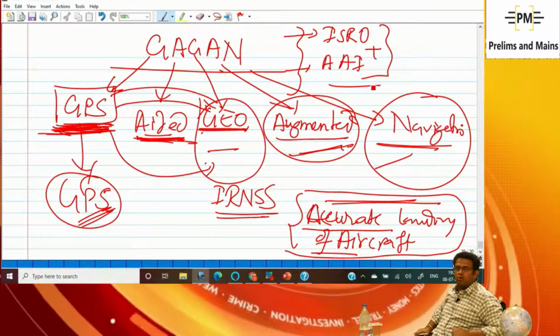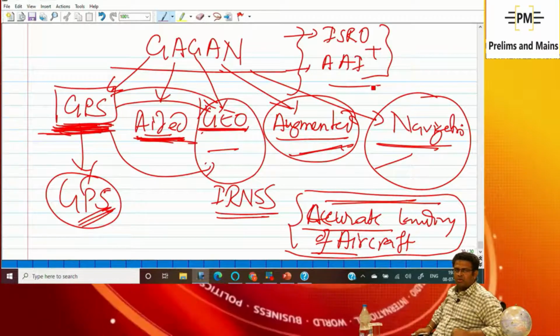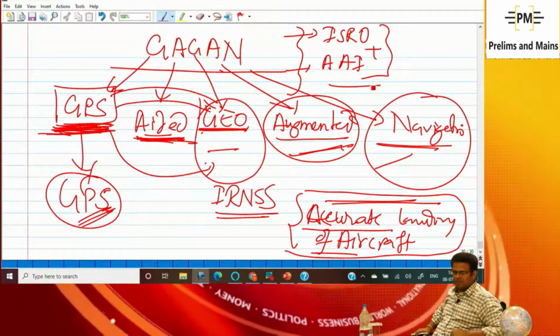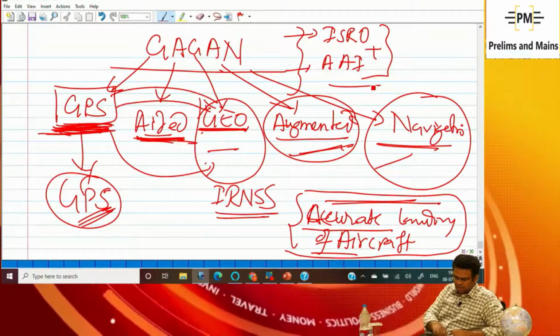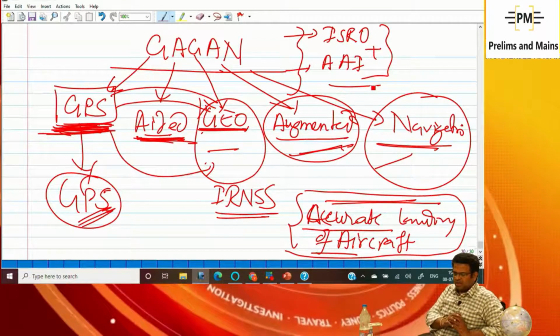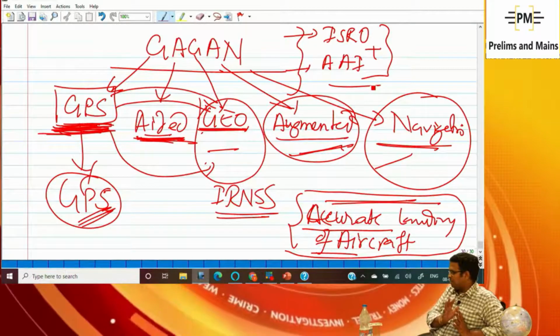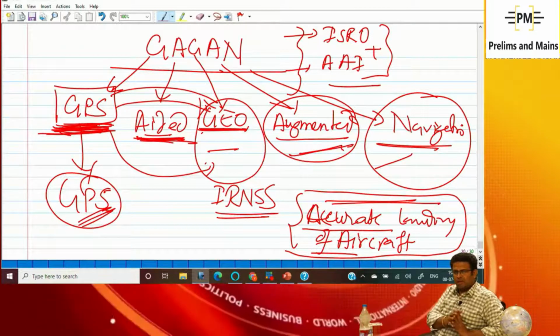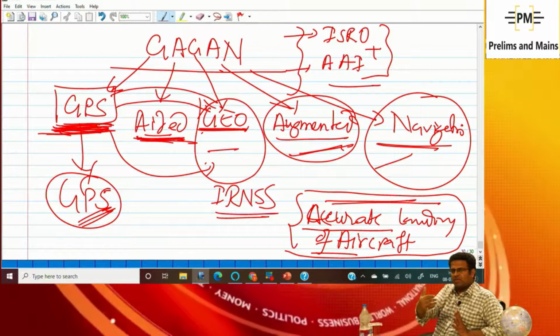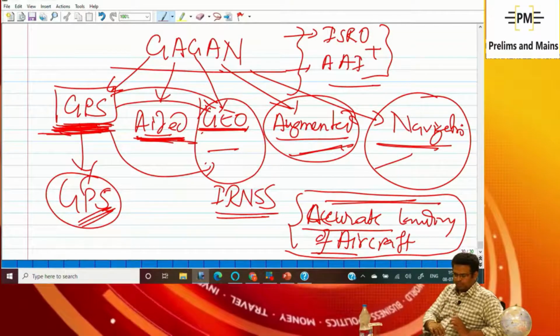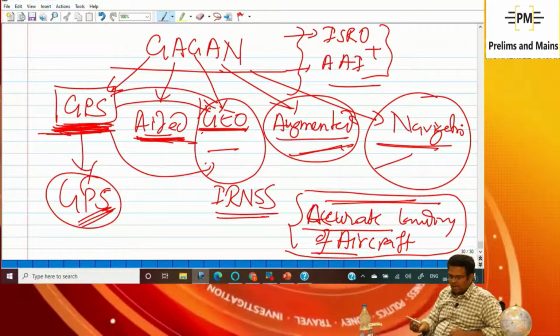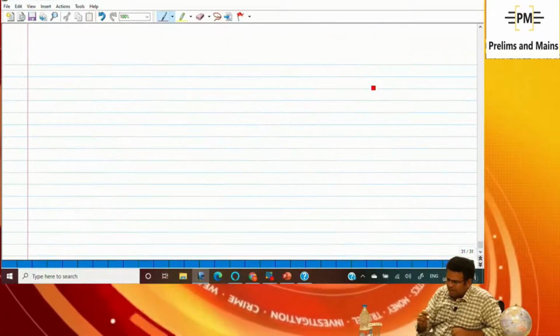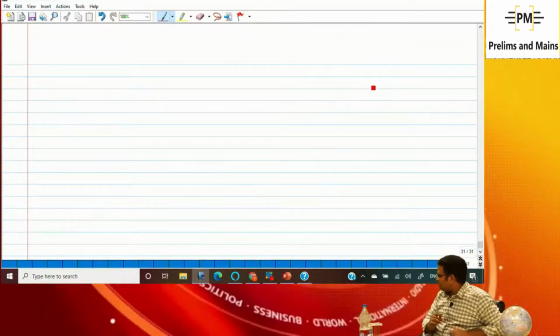ISRO and Airport Authority of India together are utilizing Gagan for better augmentation of navigation. And what is the augmentation of navigation? This is accurate landing of aircraft.